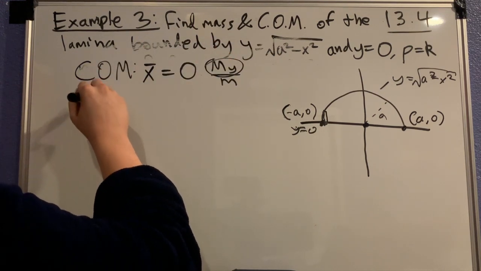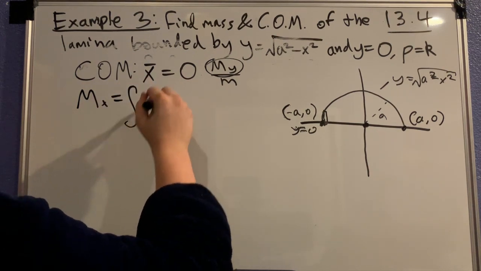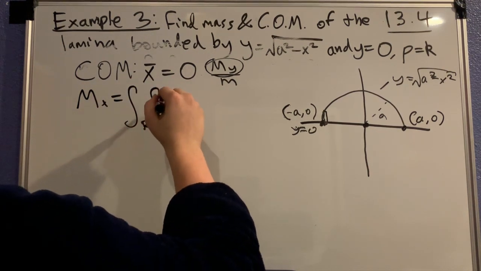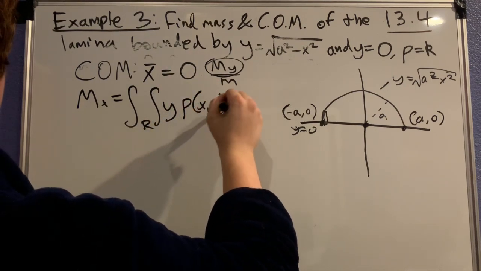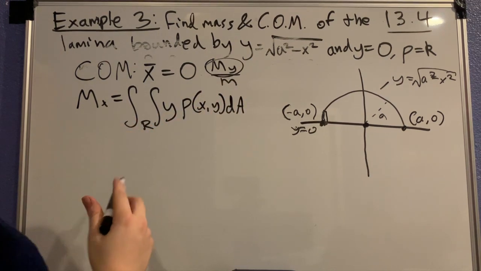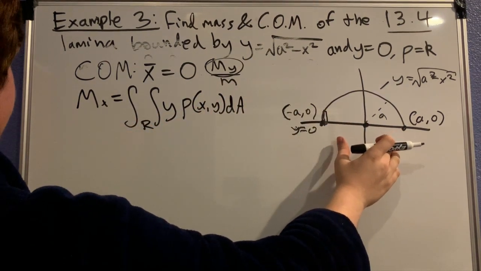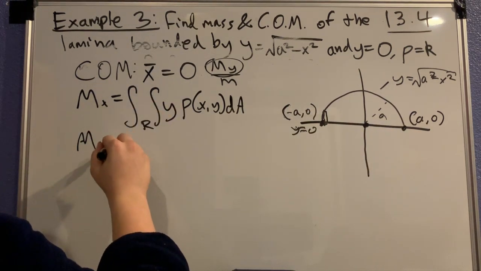So we find Mx, which, remember the formula, is the double integral of y times the density function with respect to the area. We'll do the same exact thing as finding the mass, just adding this little y here.